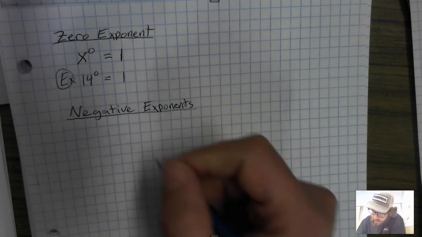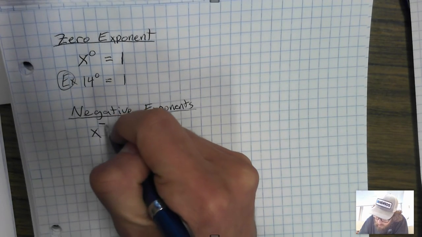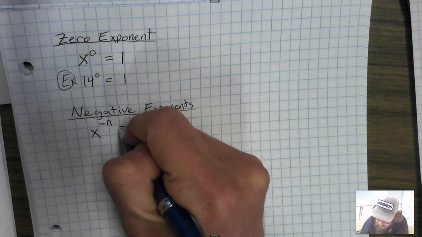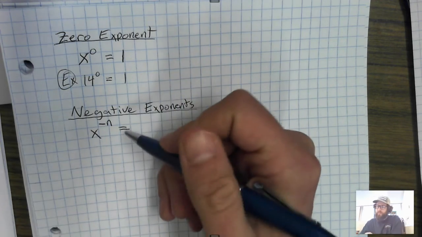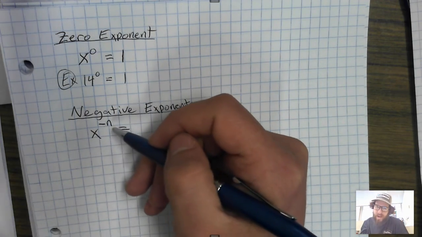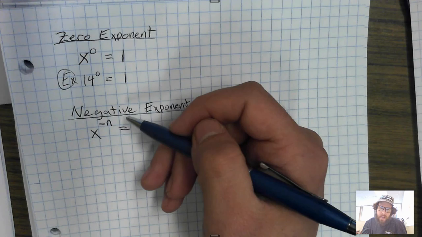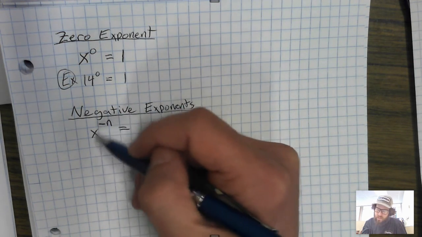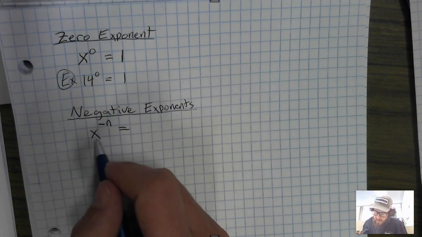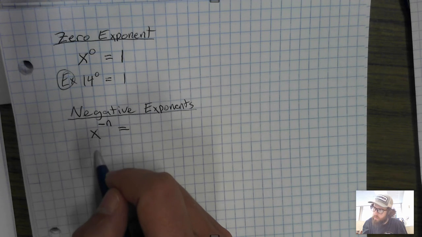The rule looks like this. If you have x, any number, right, to a negative power, what happens is x to a negative power wants to go to the other side of a fraction. So right now, this is in the top of a fraction. You could always put this over 1, right? Anything could go over 1.